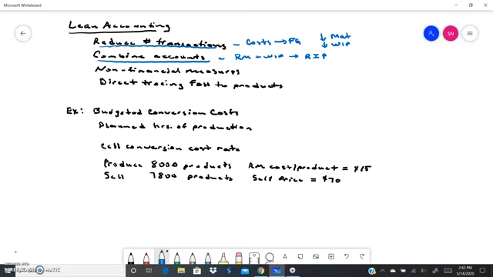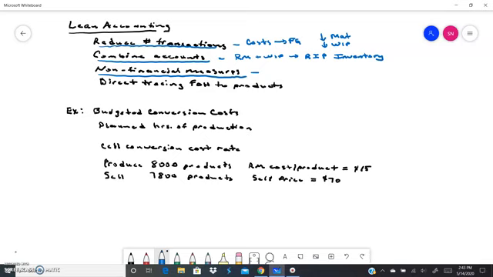So RIP inventory, raw and in-process inventory. So we're going to combine basically the materials and the work in process inventory into one account, so streamlining those accounts.